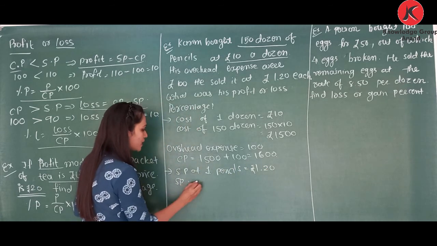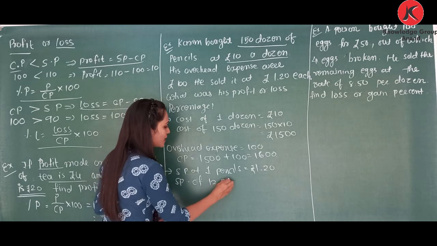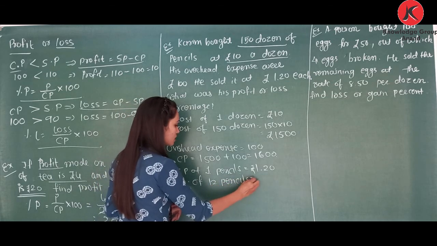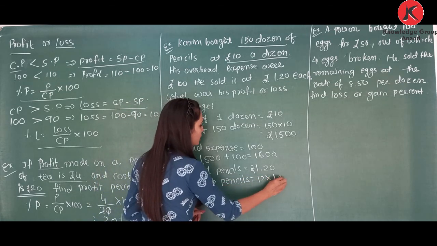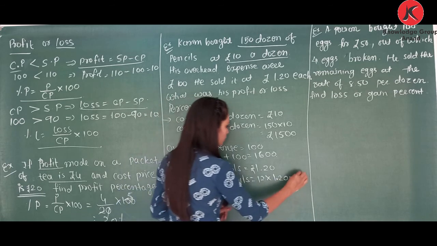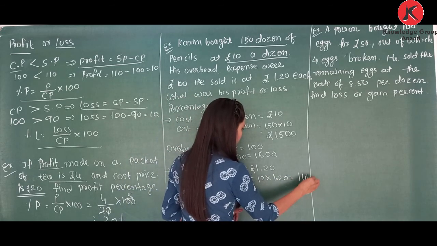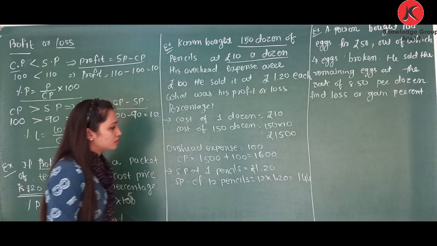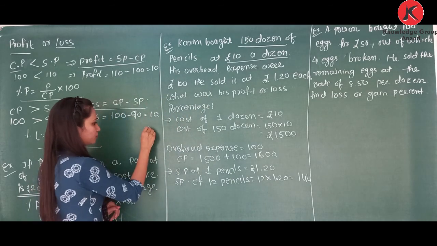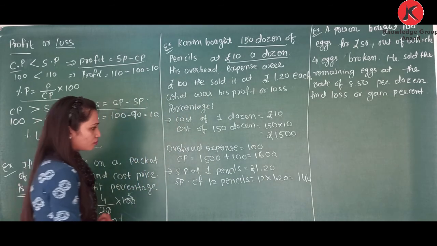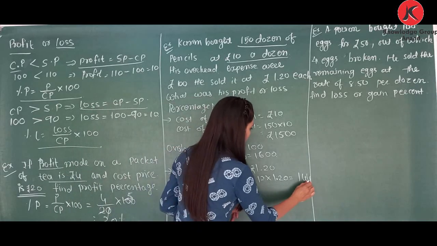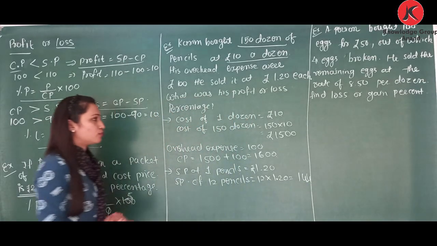So the selling price of 12 pencils, that is 1 dozen, is 12 multiplied by 1.20, which is 14.4 rupees.